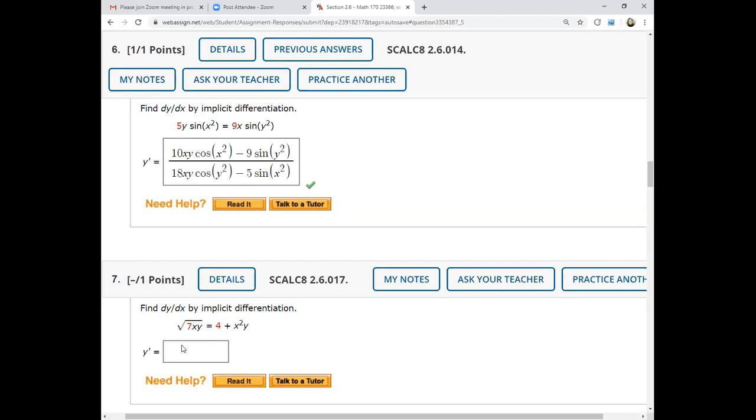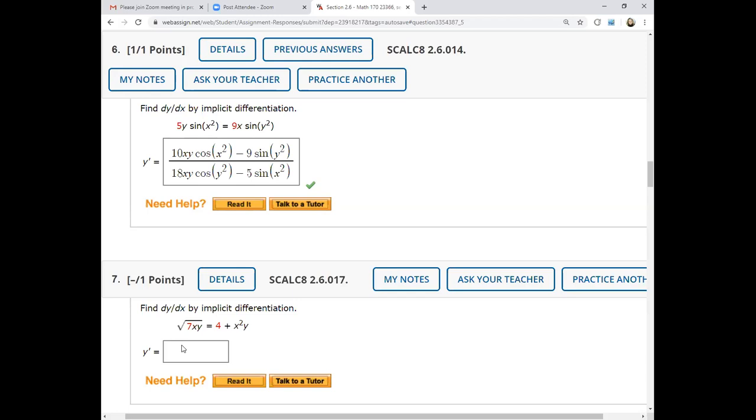So you're taking the derivative of 7xy. You take the derivative of the first, which is 7, because I'm using as my first function 7x, and the second function is y.